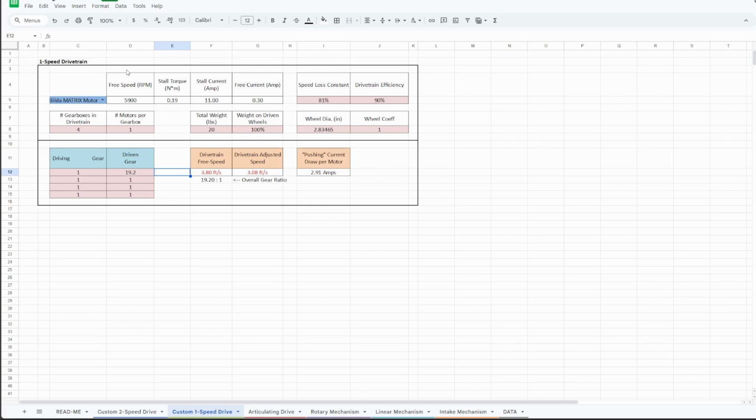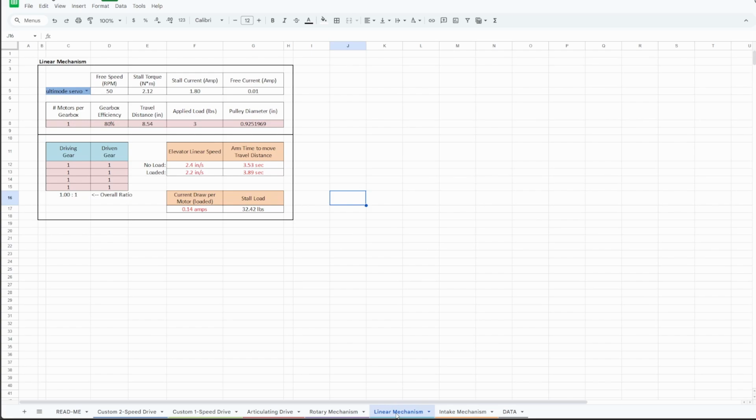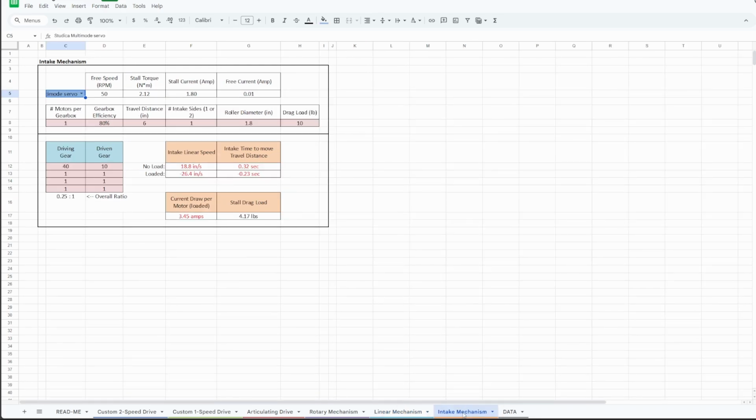I would highly recommend all teams use these calculators for figuring out your designs and how fast they move. Play around with not only this custom one-speed drivetrain section, but the rotary mechanism for your arms, and even the linear mechanisms for not only your linear slides, but also your linear sliding arms, as well as the intake mechanism.